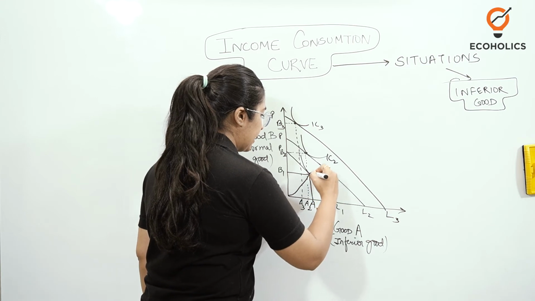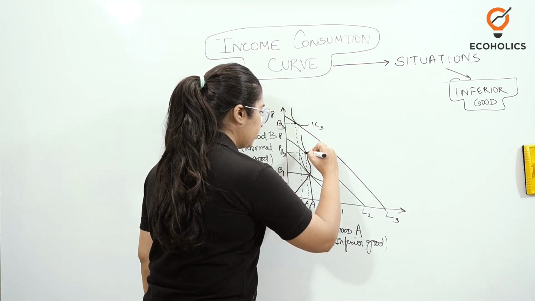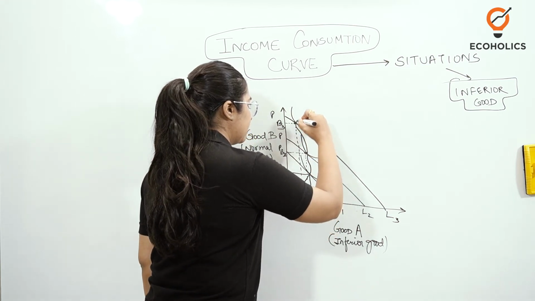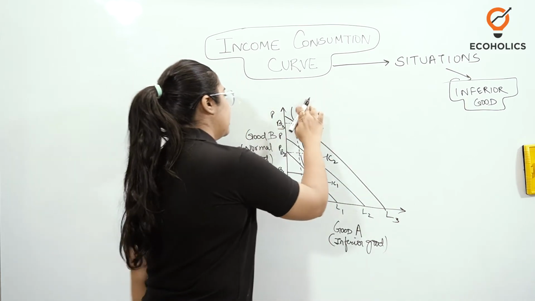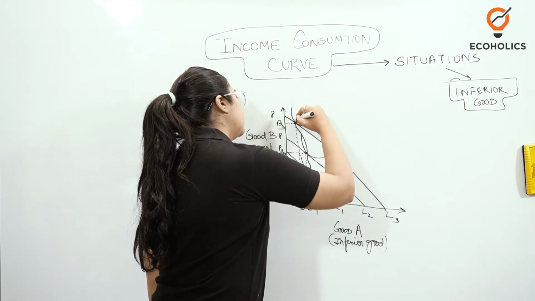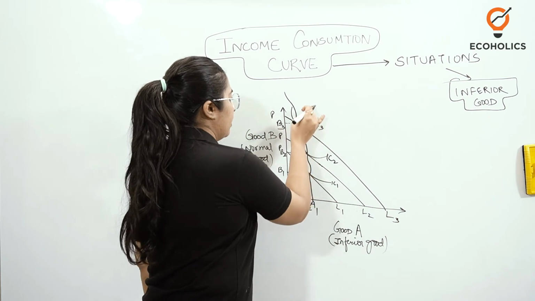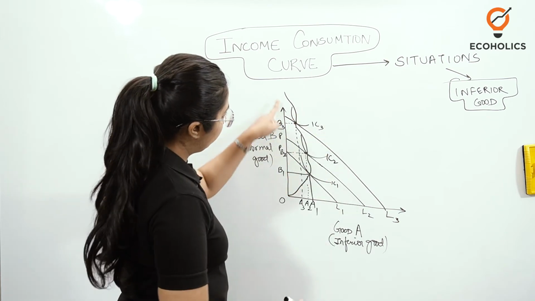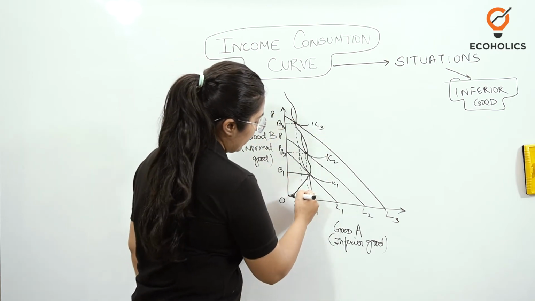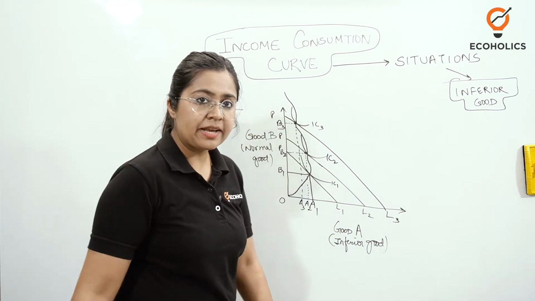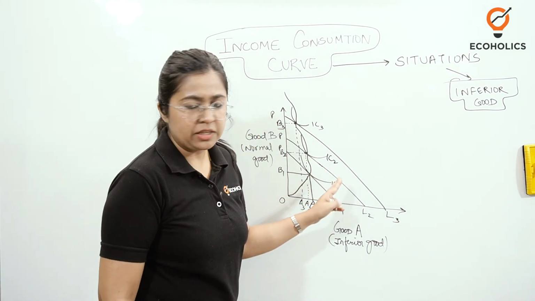So you see that initially the curve rises, but then it has a backward bending pattern. You see over here that till this point, till the original price line, it increased gradually.